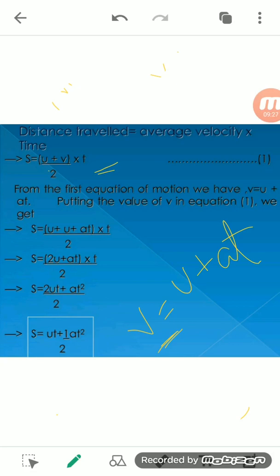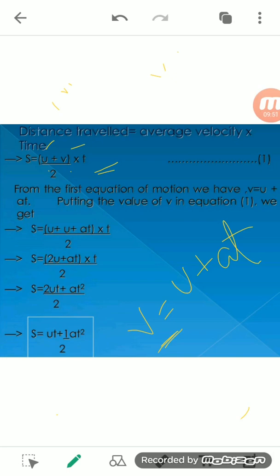In place of v, we write u plus at, which we had taken from the first equation of motion. We are putting the value of the first equation of motion in equation first. So u will remain the same. In place of v, we will write u plus at, upon 2, into t.